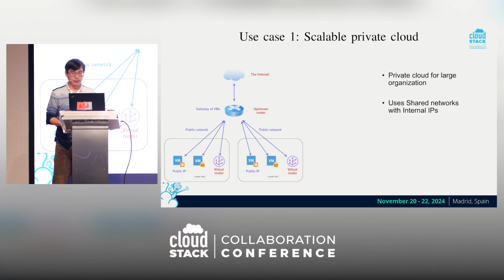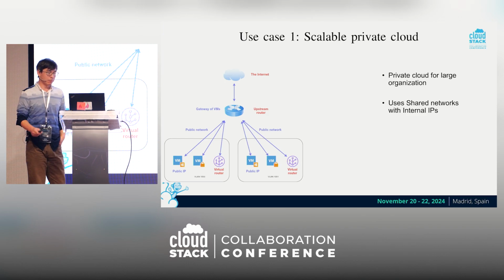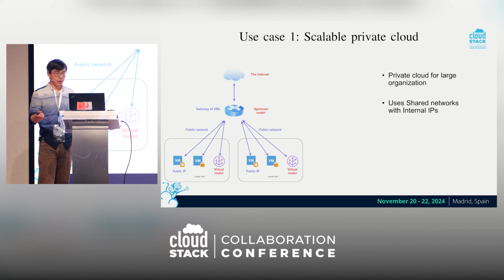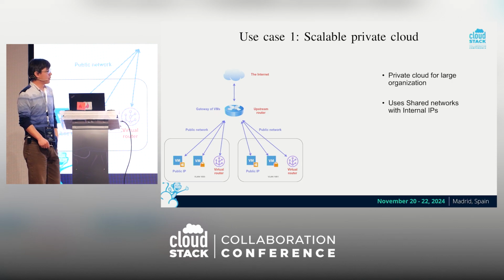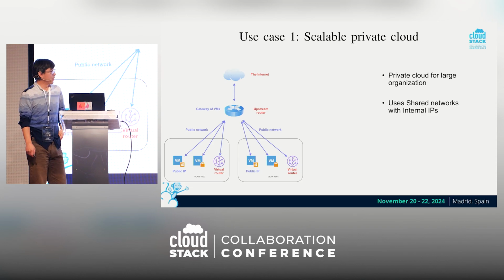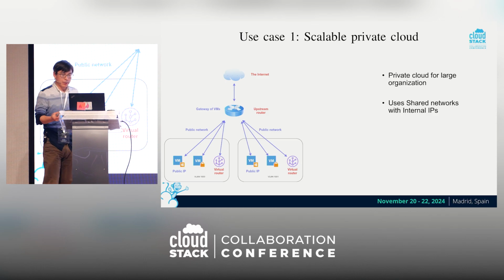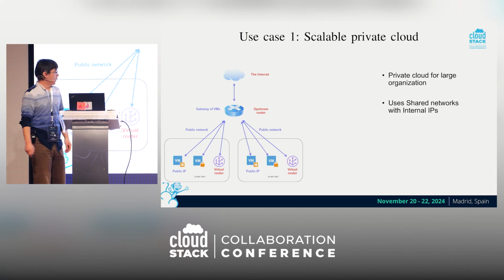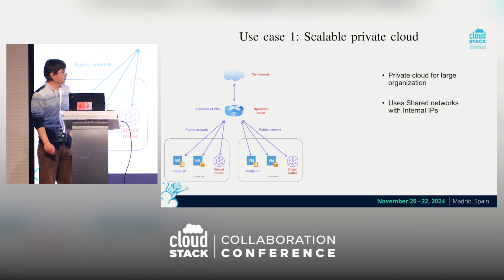Okay, some use cases. First, scalable private cloud. In some large organizations, they use internal IPs, so the public IP is not a problem anymore. In their environment, they use shared networks with internal IPs. But scalability is a problem, because each time they want to deploy a new application, they have to ask the operator to create a new network. With routed networks, it's more flexible.